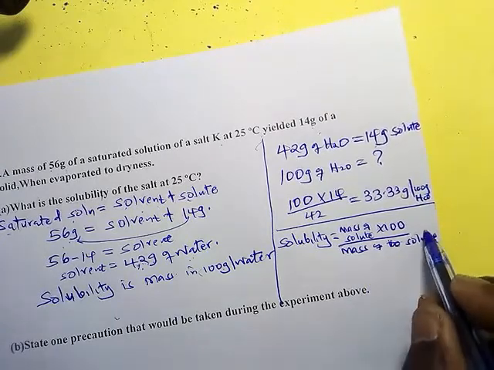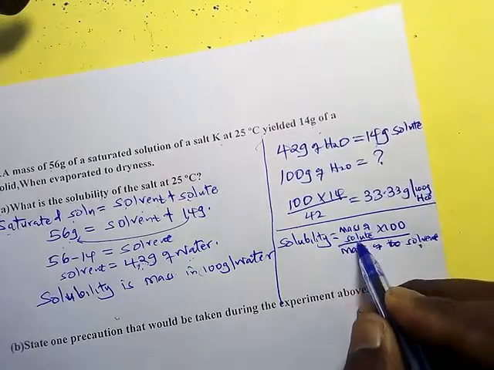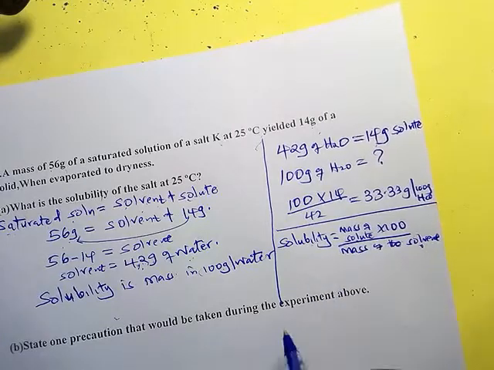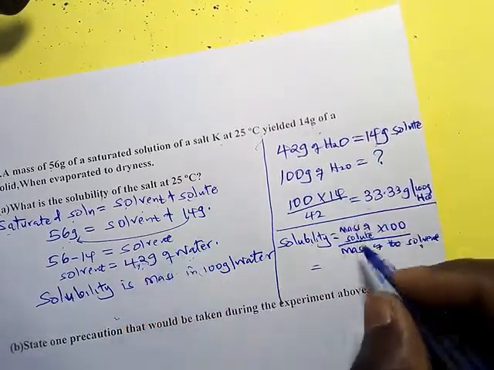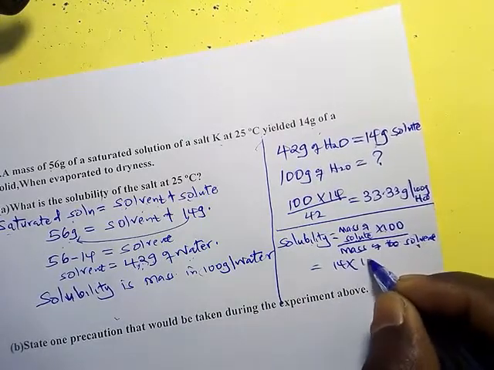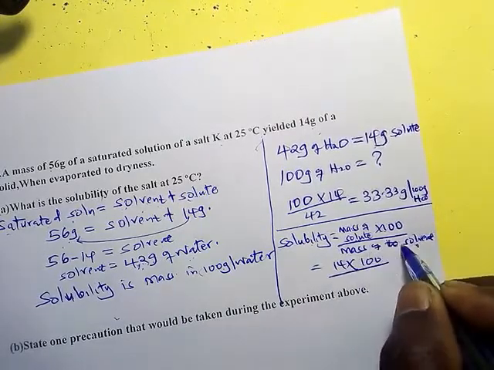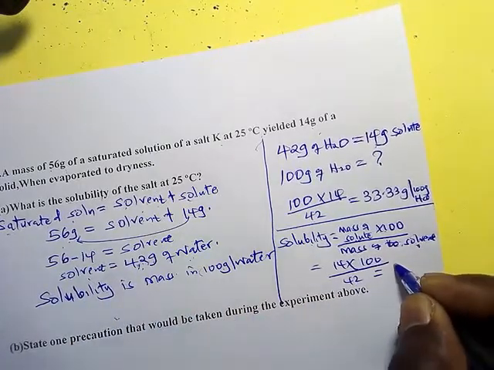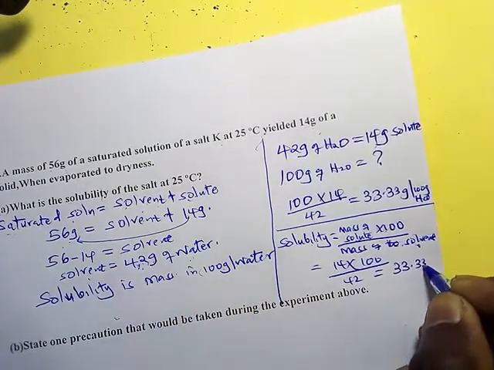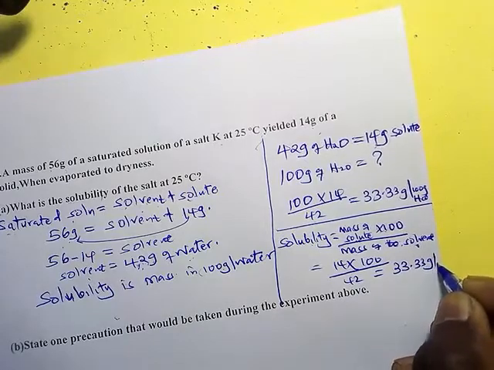So you must find the mass of the solvent. You must have the mass of the solute times 100 and then get the solubility. In this case, the mass of the solute was 14 times 100, the mass of the solvent was 42, and that will give you 33.33 grams per 100 grams of water.